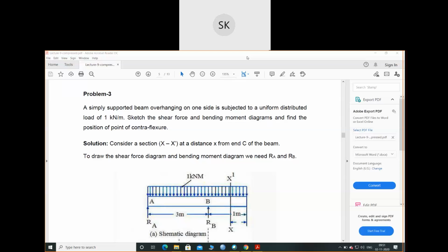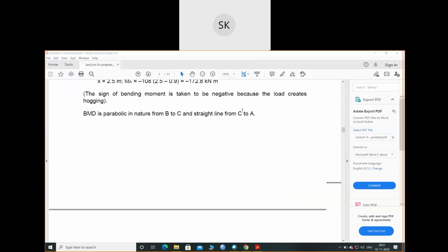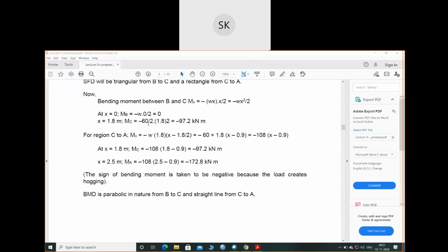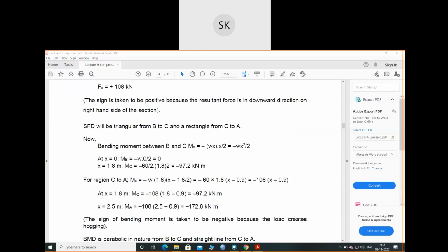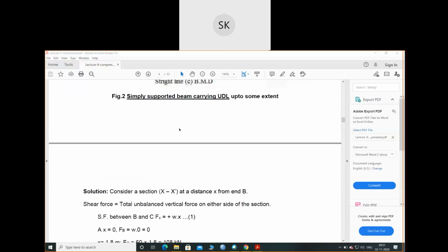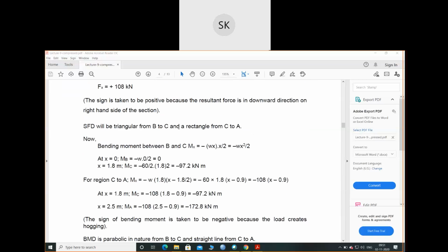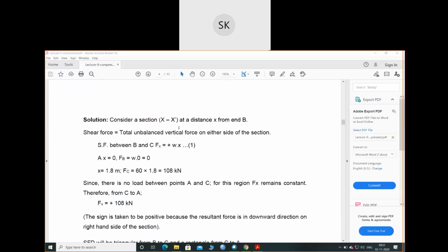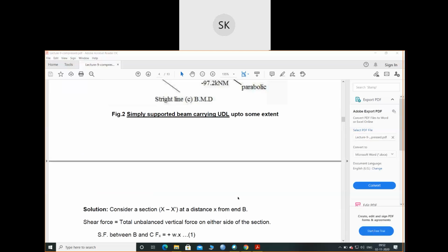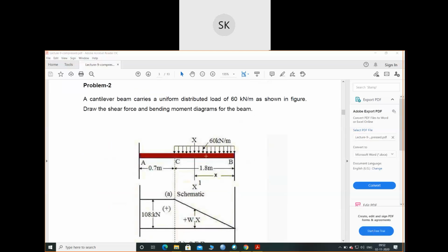Why is the bending moment in the previous question negative? The first one or second one? This one, right? The moment is anti-clockwise.